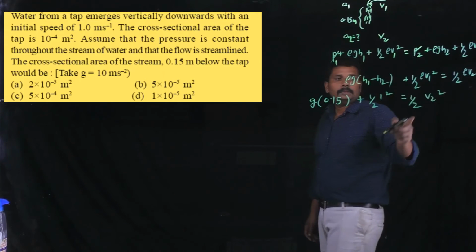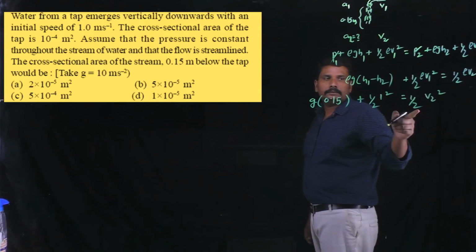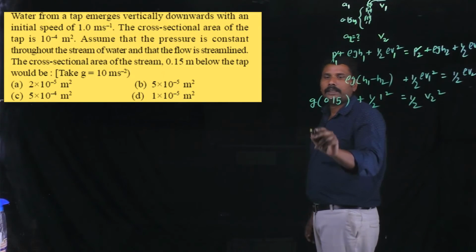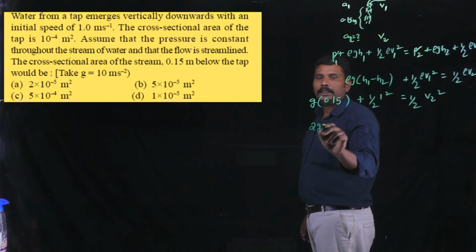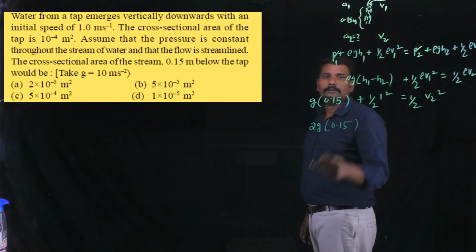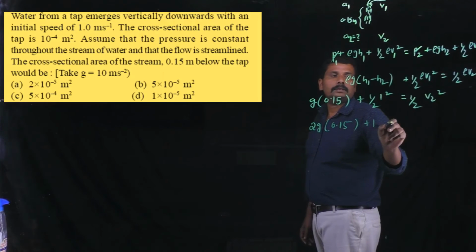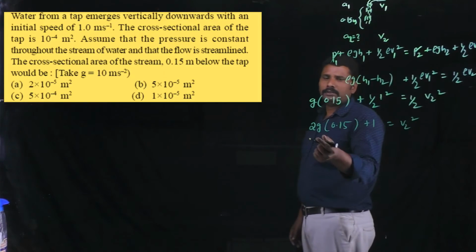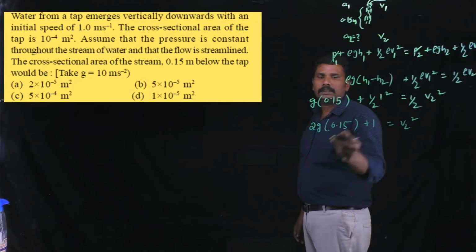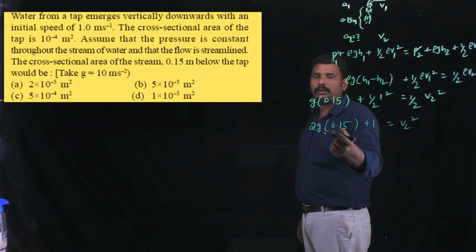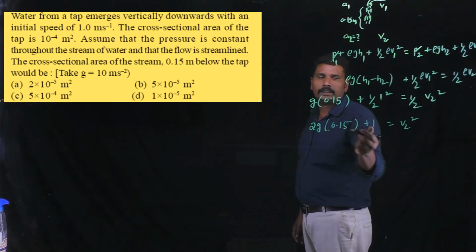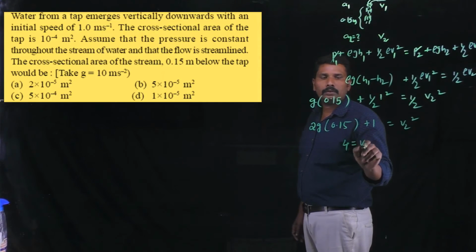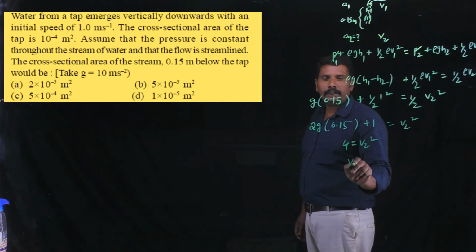By multiplying with 2, it is 2g into 0.15 plus 1 is equals to v2 square. The value of g is some 10, so 10 into 0.15 is 1.5, into 2 is 3, plus 1 is 4. 4 equals to v2 square and v2 equals to 2.